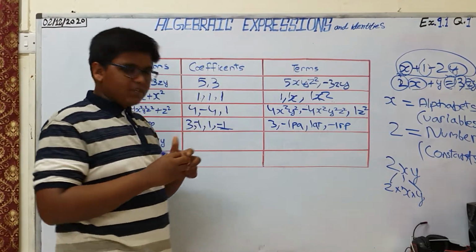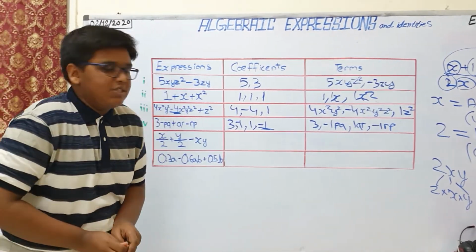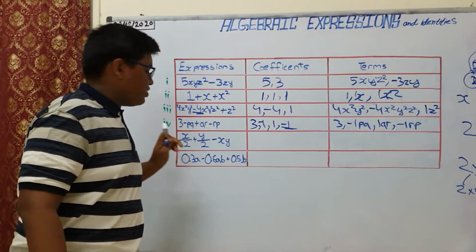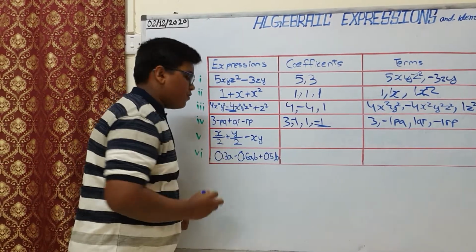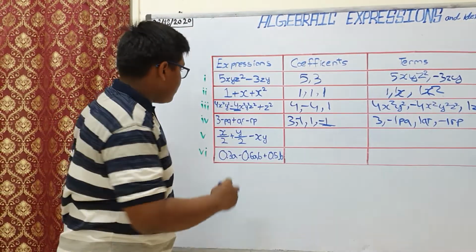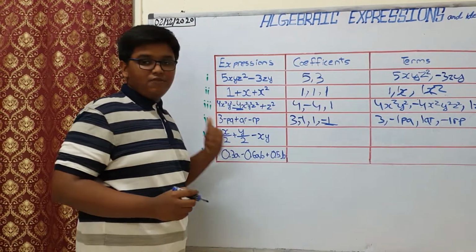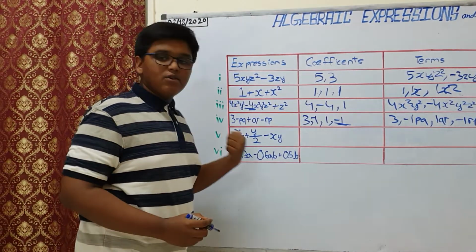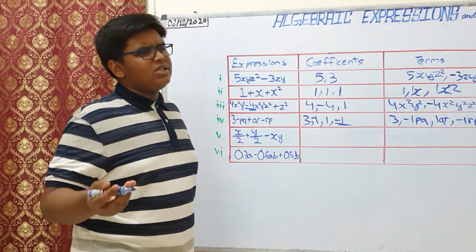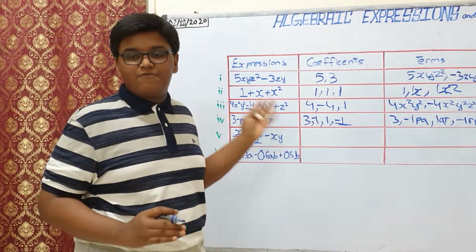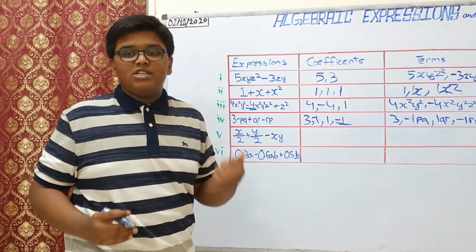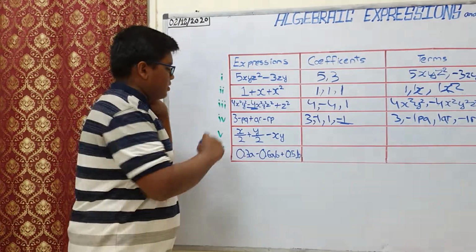Now we have done some easy questions. Now we are going to get fractions and decimals in the two last questions. For fractions also the same method. What we are going to do, we are going to write the one as the value of the variables. There's no difference in fractions, whole numbers, decimals, integers, nothing.